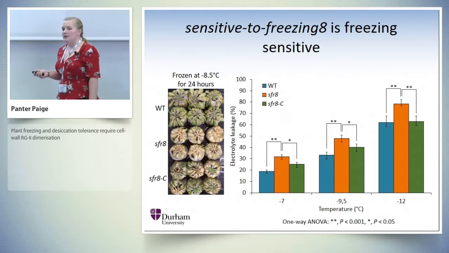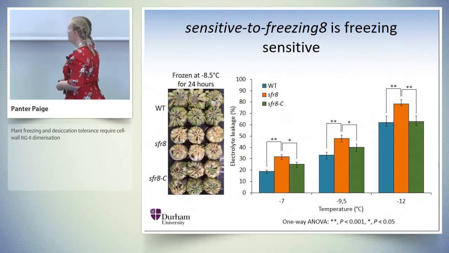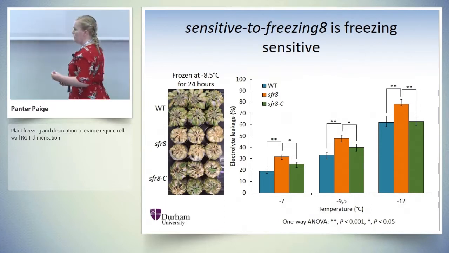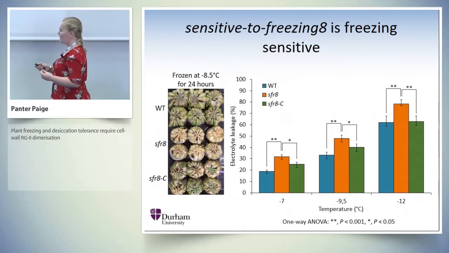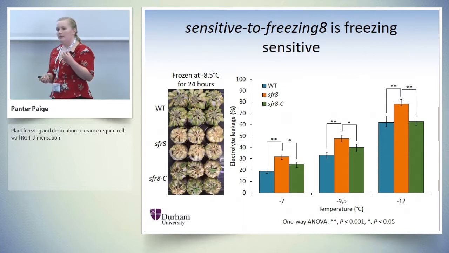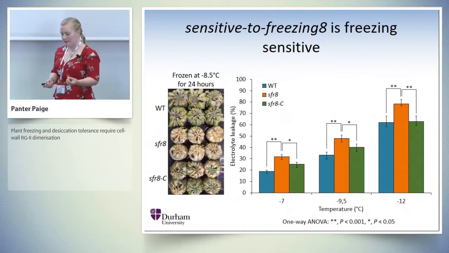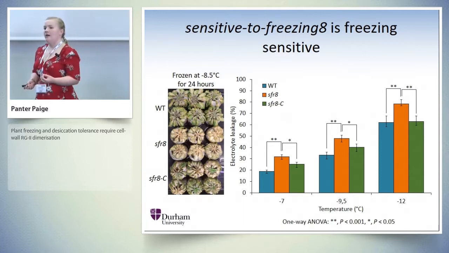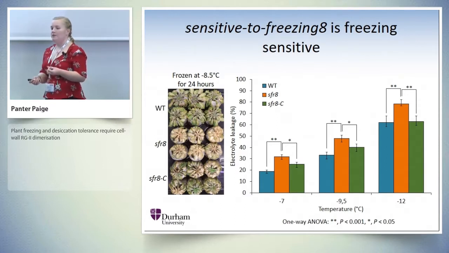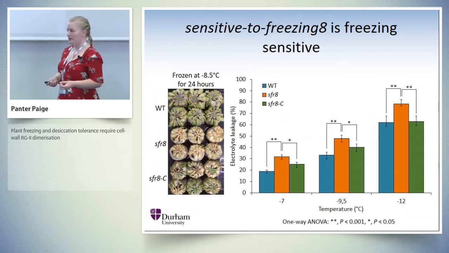Now I can also show this more quantitatively by carrying out an electrolyte leakage assay. This is where leaf discs of mature plants are excised and exposed to temperatures of -7, -9.5, and -12 degrees centigrade. The electrolytes that leak from the cells during that exposure, because of damage from freezing, are measured and expressed as a percentage of the electrolytes that leak after exposure to -80 degrees centigrade.